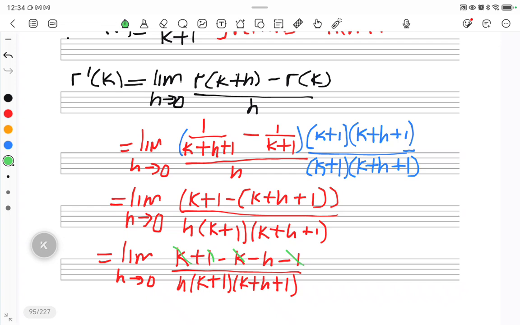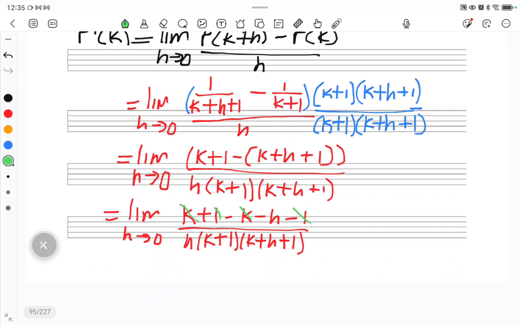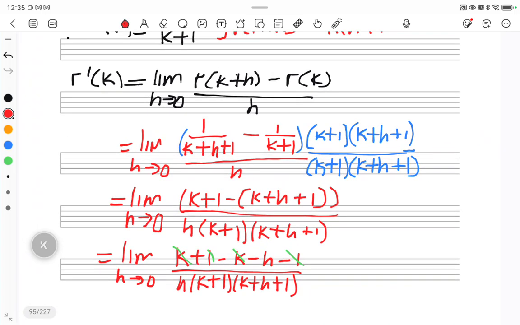So this will cause us to be left with the limit as h approaches 0 of minus h over h times k plus 1 times k plus h plus 1.